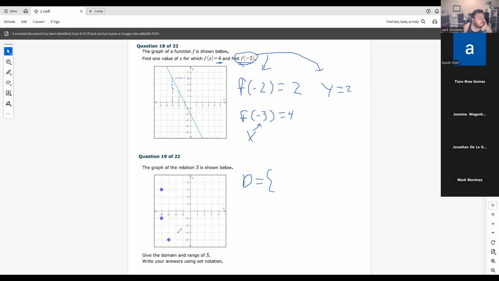Given these 3 points, what's the domain? In other words, what are all the x values associated with these points?